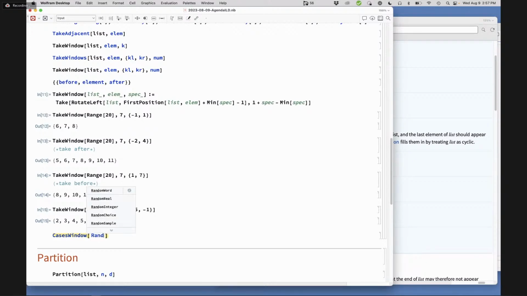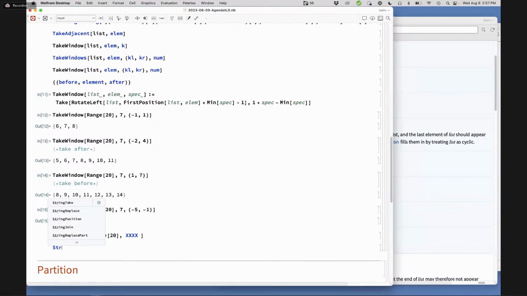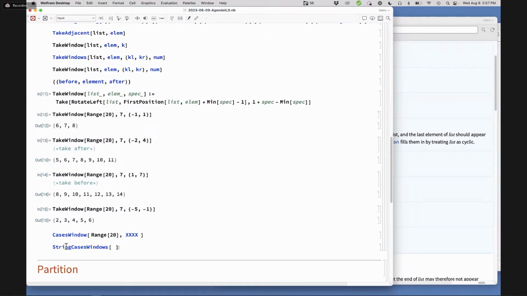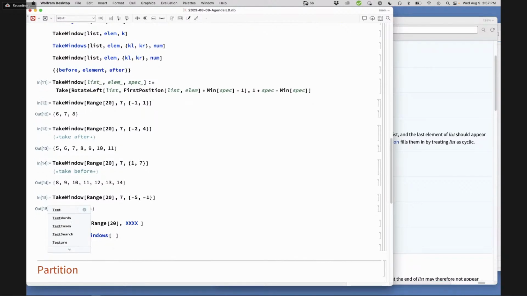So in other words, this is something which essentially is like Cases, but it's kind of reaching around. And then we could do, unfortunately, I think StringCasesWindow is less interesting than some kind of text.